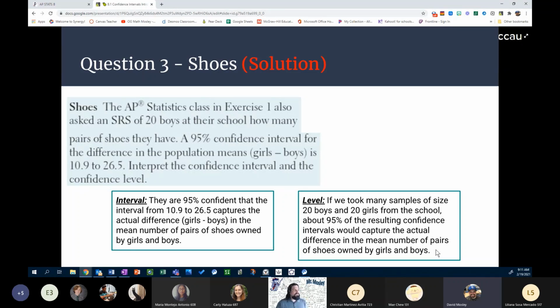So now the next question also involves the same context, dealing with these shoes. You might want to remember that the 10.9 to 26.5 is our interval, as I should have put it on the slide and I forgot. So here's our next question.